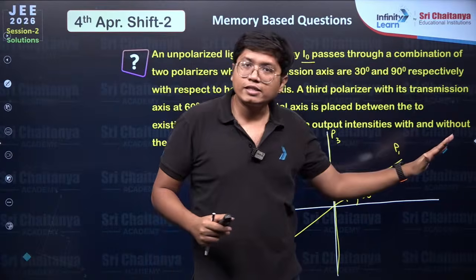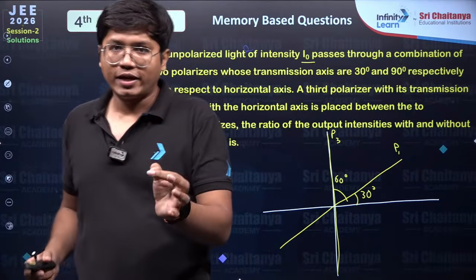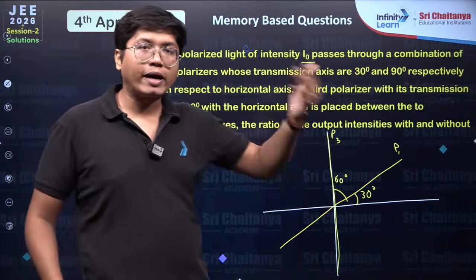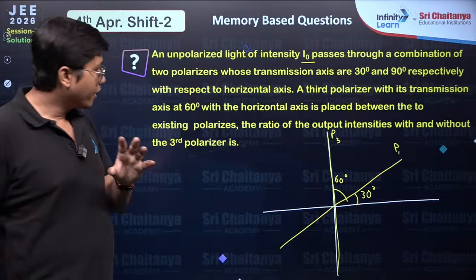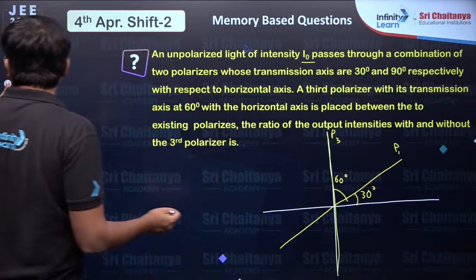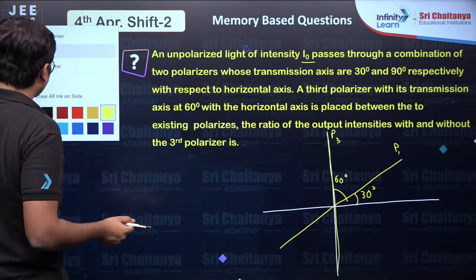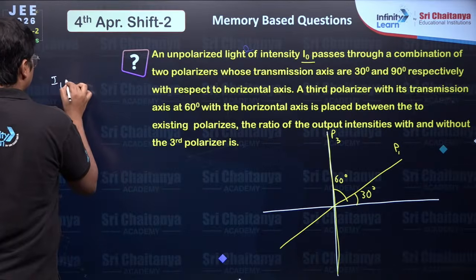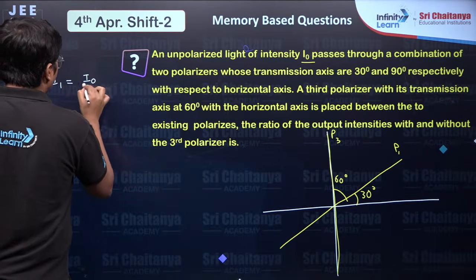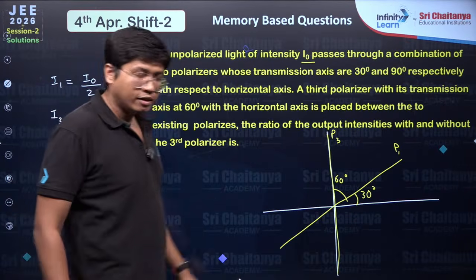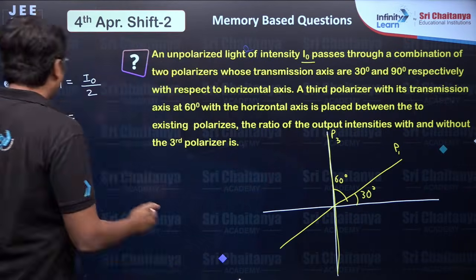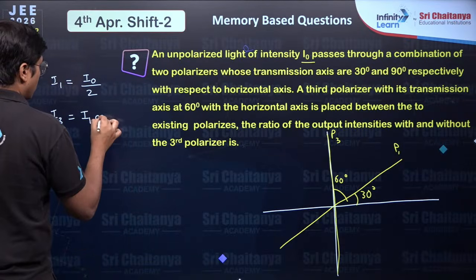Now what happens when you send unpolarized light? The first polarizer will just polarize it. It will make it from I naught to I naught by 2. It will convert from unpolarized to polarized. So after it passes through the first polarizer, it will just become I naught by 2. After passing through that third polarizer, that will become I1 cos square.